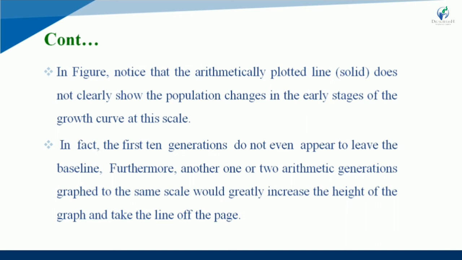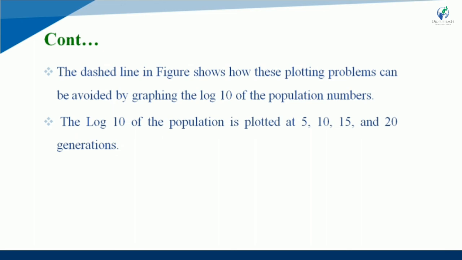Furthermore, another one or two generations graphed to the same scale would greatly increase the height of the graph and take the line off the page. The dashed line in the figure shows how these plotting problems can be avoided by graphing the log 10 of the population numbers.